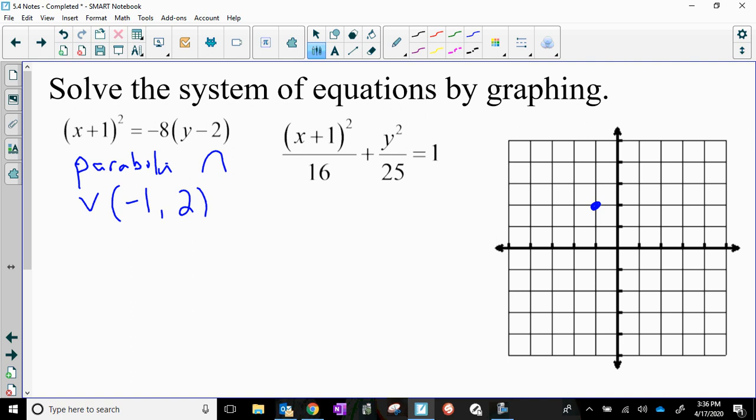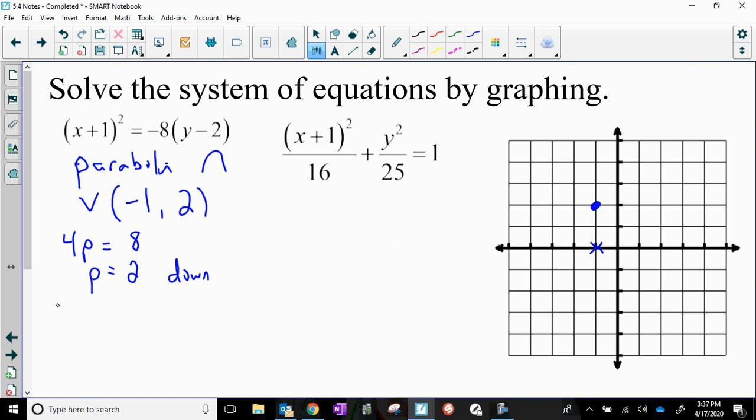And then we have to use the value p to find our focus. 4p is 8. If you write -8, that's fine. So p equals 2. We go down 2 from the vertex to find our focus. This is not a point on the graph, but it helps us get the rest of it. So just to remind myself, this cannot be a solution, I'm going to use an x.